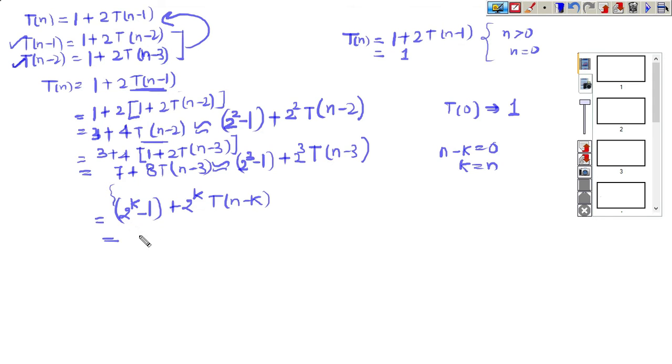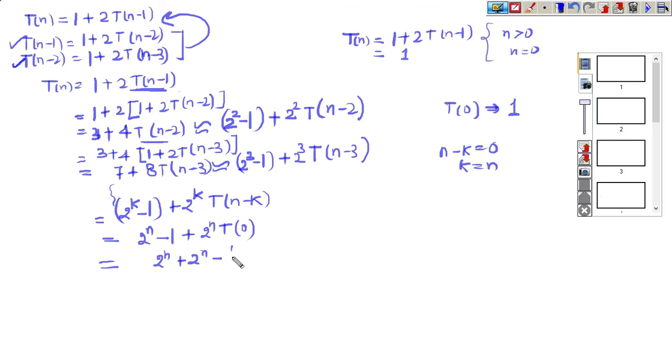So we get 2 power n minus 1 plus 2 power n t of 0. So you can write this as 2 power n plus 2 power n minus 1.